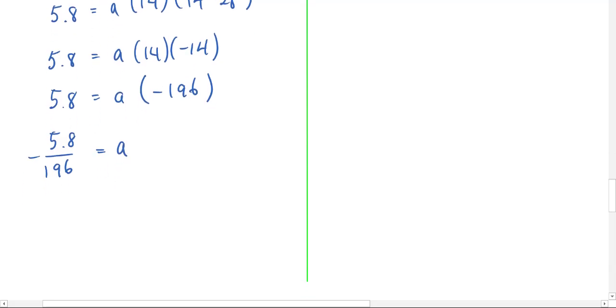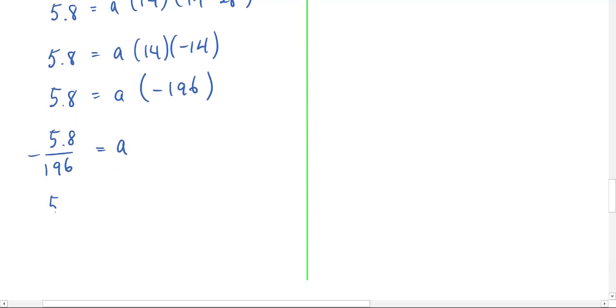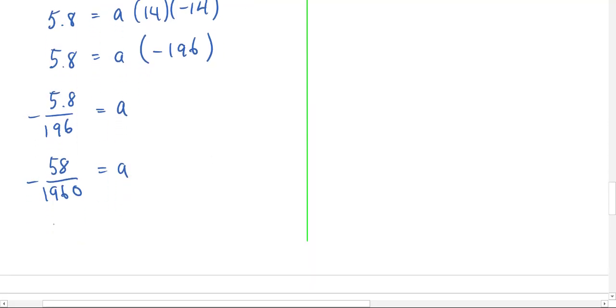And we can actually reduce this a little bit. First I would change it into whole numbers. Take out the decimals, multiply top and bottom by 10. And finally divide top and bottom by 2. And we get 1960 divided by 2, and I believe that is 980. So there is our a value.